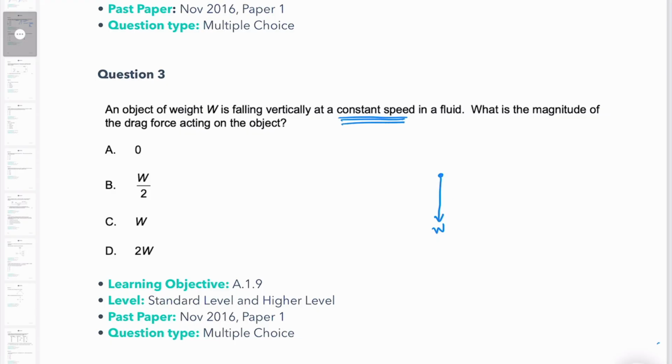When you see the words constant speed, you should be thinking the phrase balanced forces. Constant speed means balanced forces, which means that W has a balanced force up the way of drag, and it equals the weight force. What is the magnitude of the drag force on the object? It's the same as the weight force, so it's question 3C.